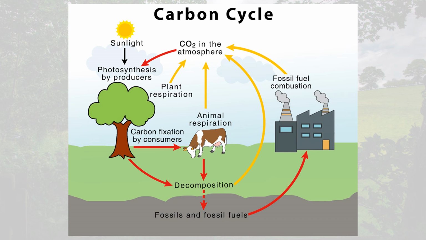After the death of plants and animals, the carbon goes back to the soil through the process of decomposition, and after getting decomposed, these turn into fossil fuels, and the fossil fuels are then used up by industries, and while processing they produce a large amount of carbon dioxide and other greenhouse gases that go back to the atmosphere.